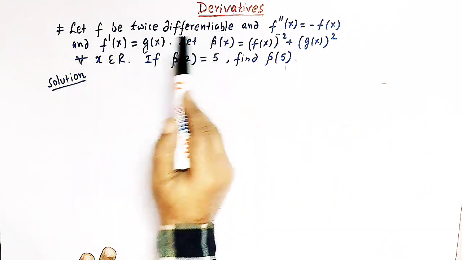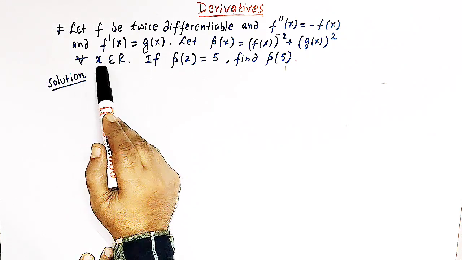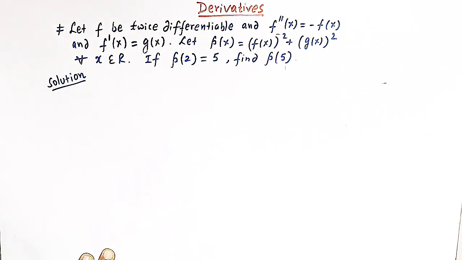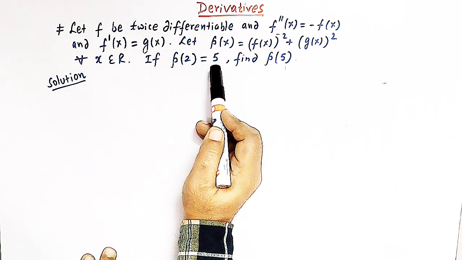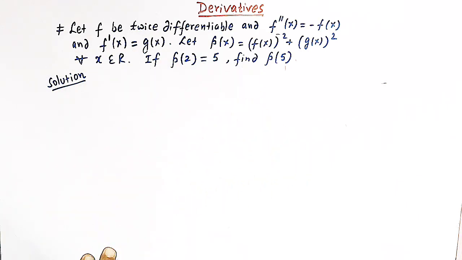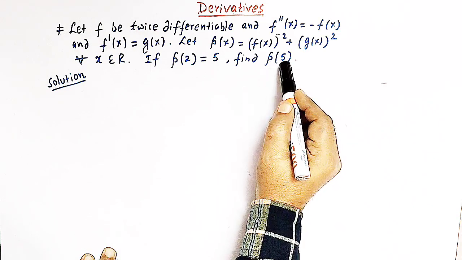And here these conditions are valid for all values of x belonging to the set of real numbers, right? So now we are given p of 2 is equal to 5. Then we have to find out the value of p of 5, right?